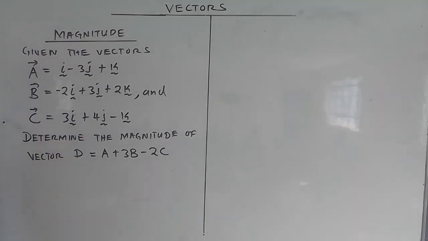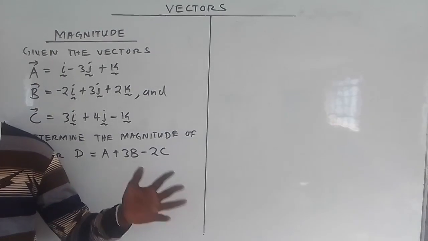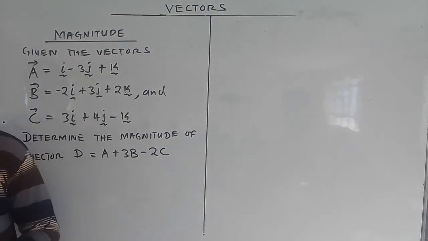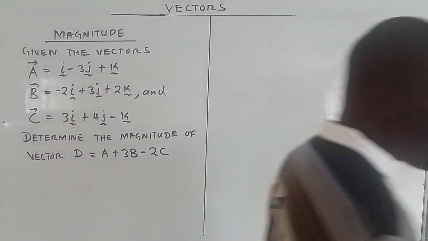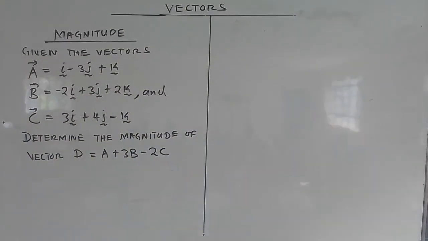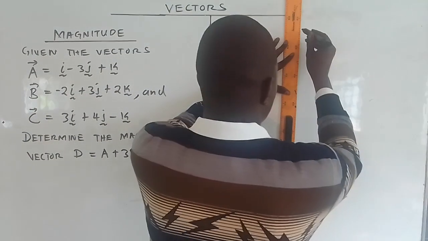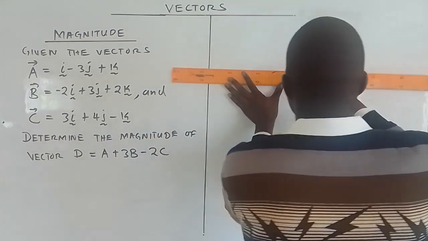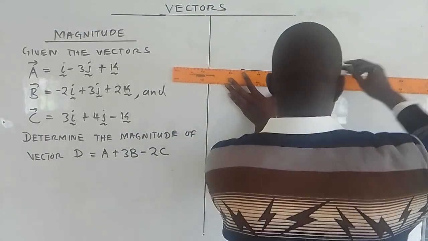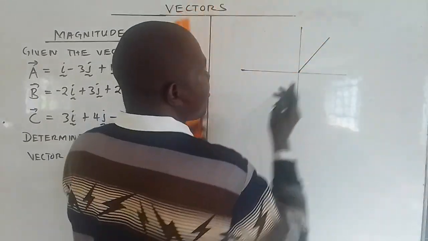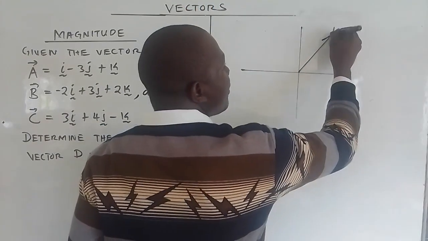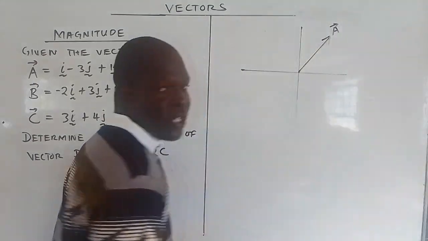So a magnitude of a vector is just the length of a vector. Are we together? So if you have vector A, for instance, if this is a two-dimensional vector space, and you have this vector here, maybe this is vector A. Are we together?